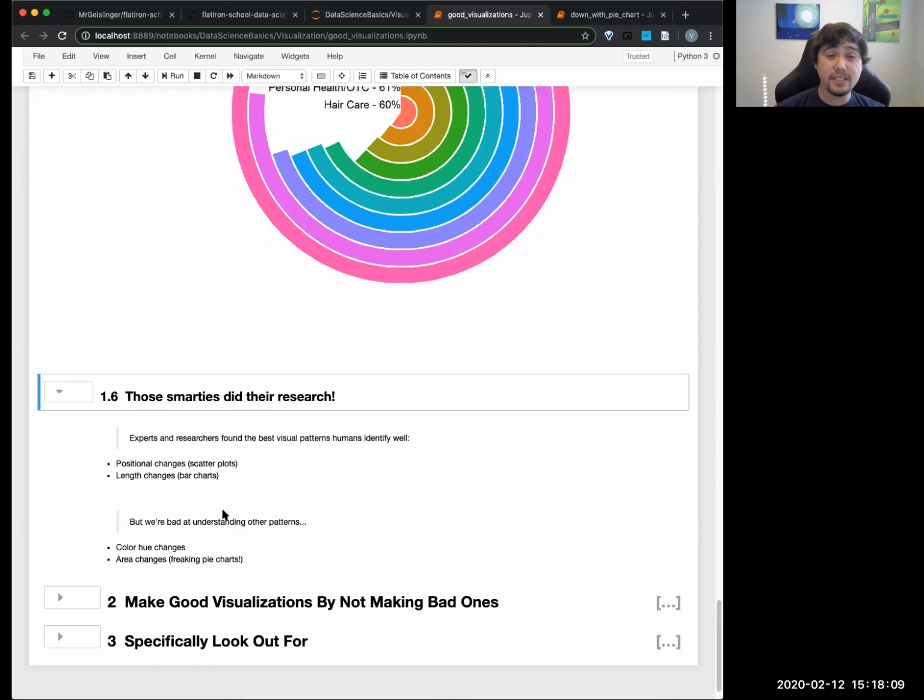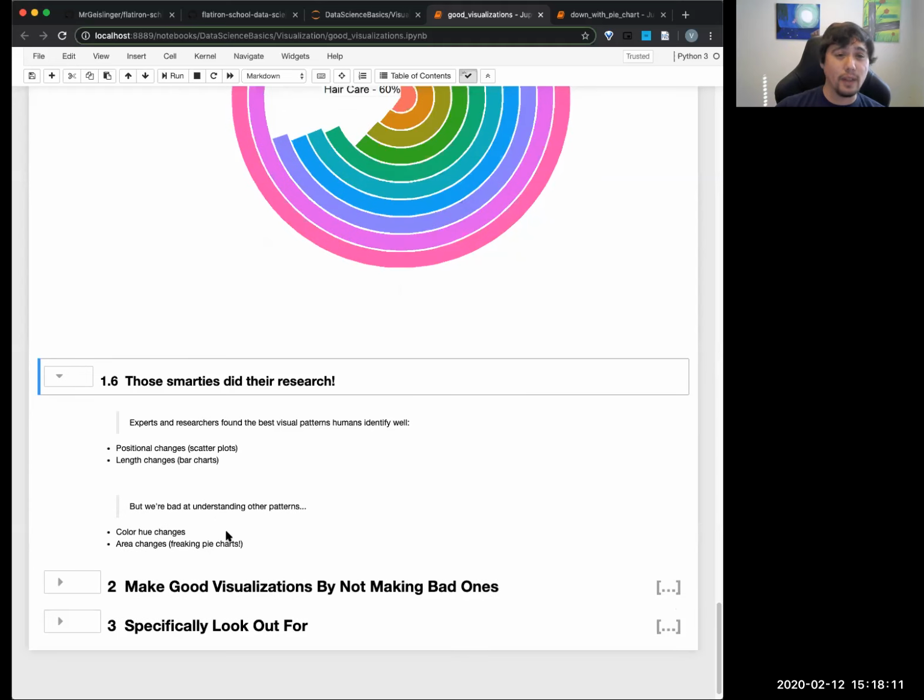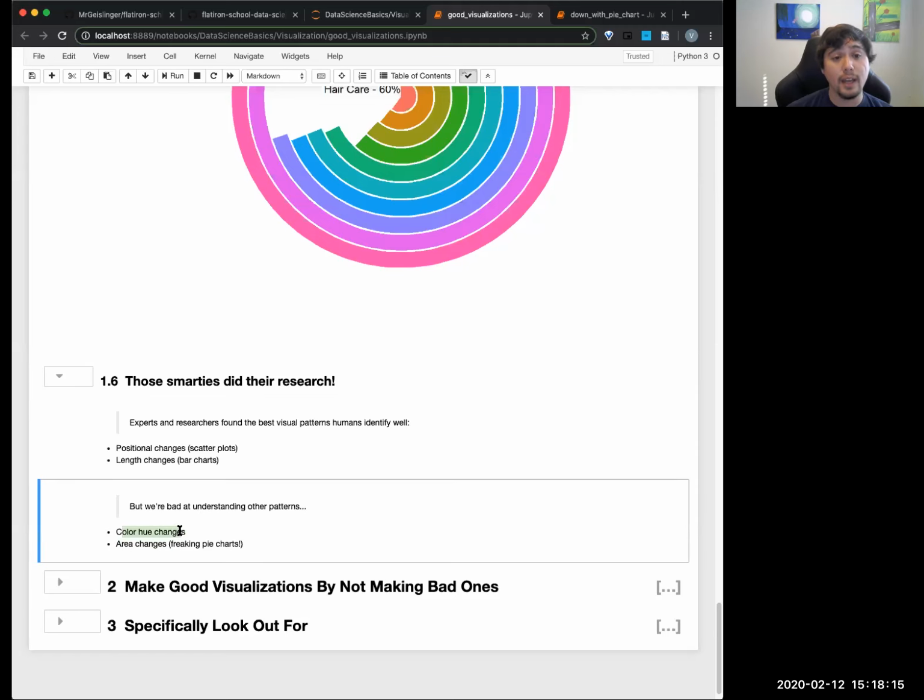Okay, things that are really difficult for people, or at least inconsistent, are things like color hue changes. If you have an orange versus a yellow, or a spectrum from red through blue, and you have to say exactly what hue, people have a hard time determining colors.